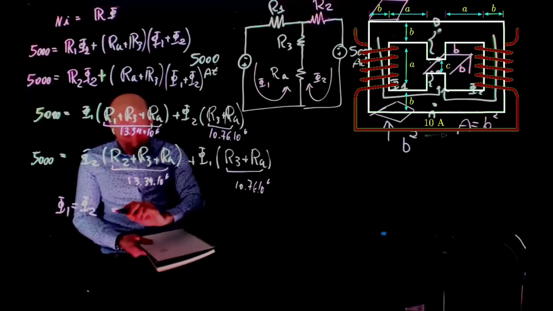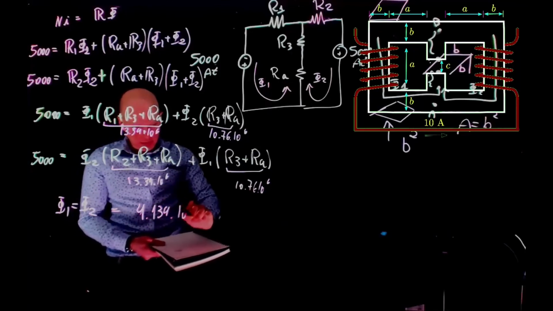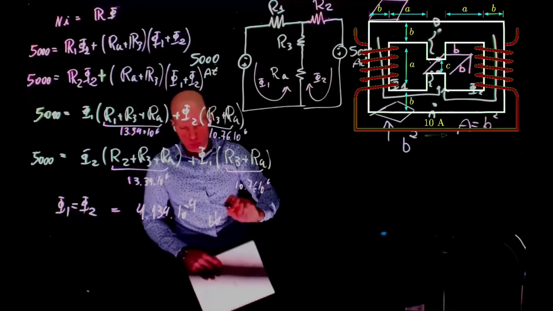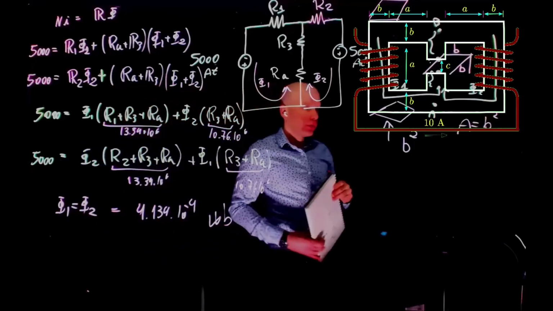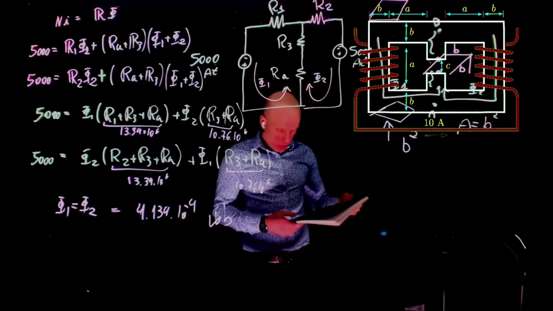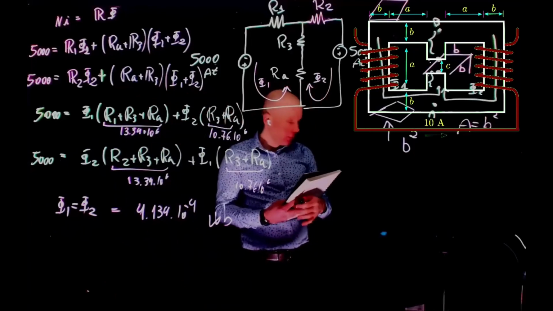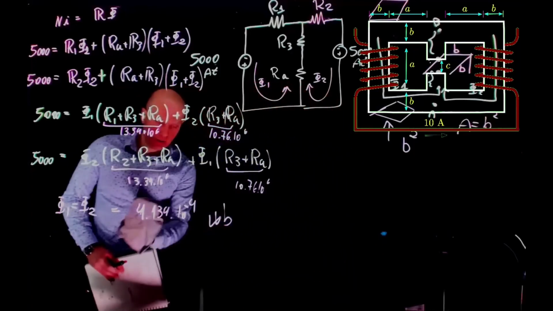And this is going to be 4.134 times 10 to the power of -4. What is the unit for the magnetic flux? That is Weber. Phi1 equals phi2 equals, sorry, I made a mistake here.